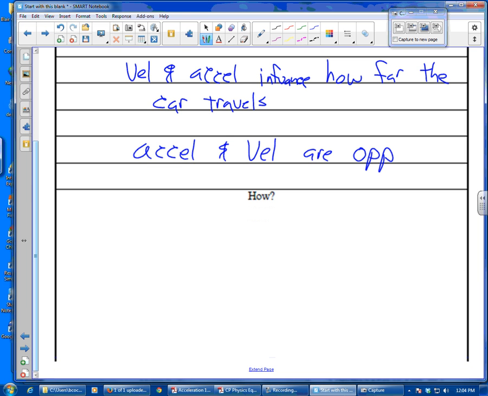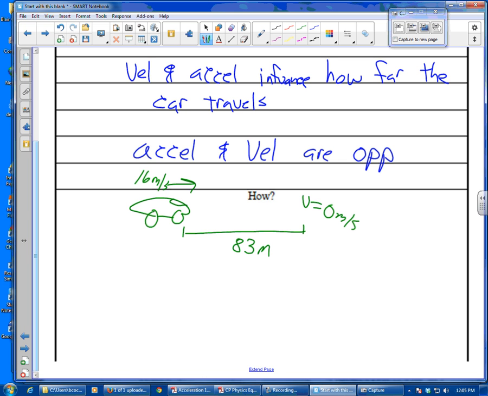So let's do a little picture. Car. Oh, I didn't give it a windshield. When something stops, its velocity is 0, right? That's one of those things. This is 83 meters here.